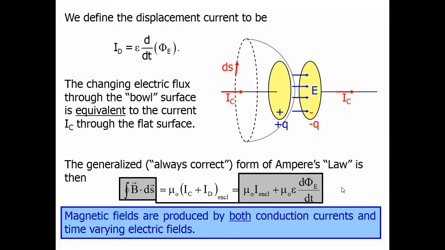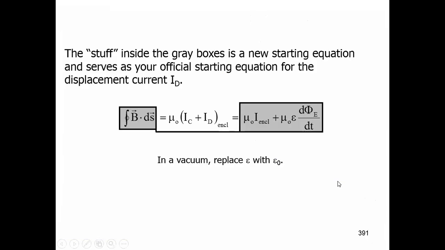We also write it like this: del D upon del t, where D is the displacement field, and D is given as epsilon times E. This perhaps we have studied, epsilon times E, yes or no? Yes, sir. So D is given as epsilon times E.